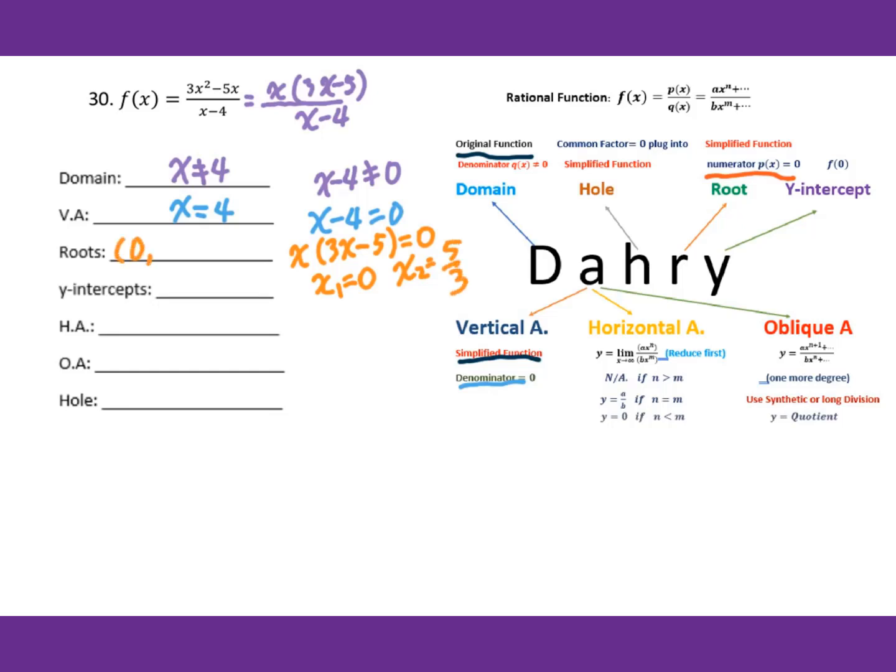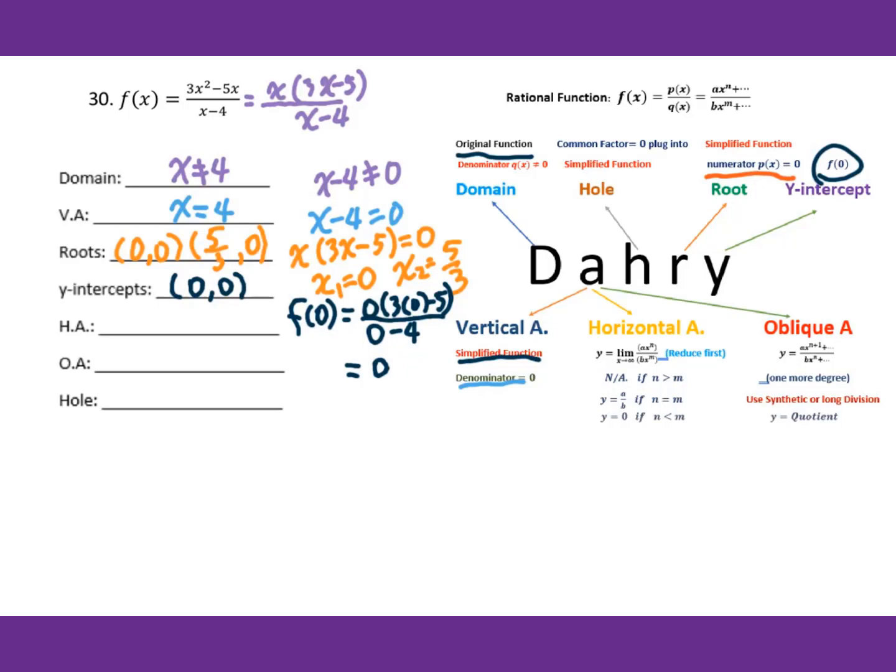Therefore, you will get (0, 0) and (5 over 3, 0). For y-intercept, that's f of 0. So f of 0, plug in. You will get 0, 3 times 0 minus 5 over 0 minus 4. Any number times 0 will be 0. So you got (0, 0).